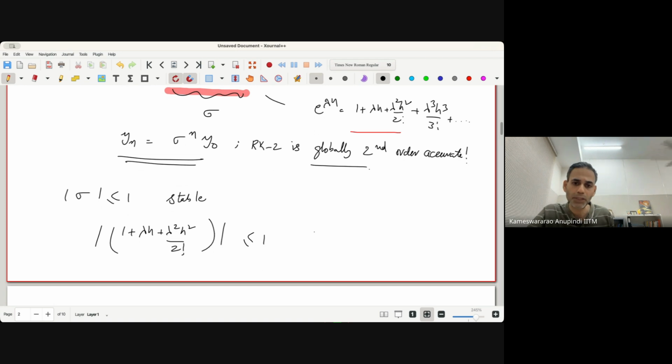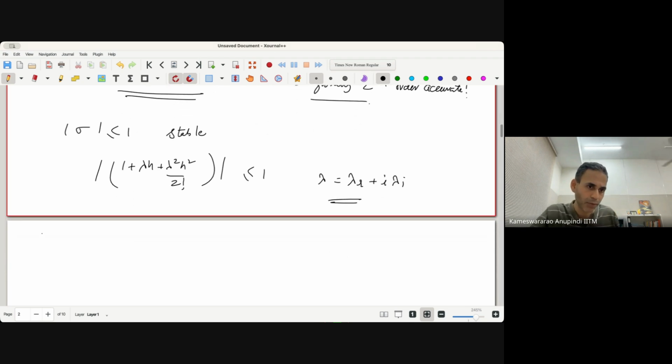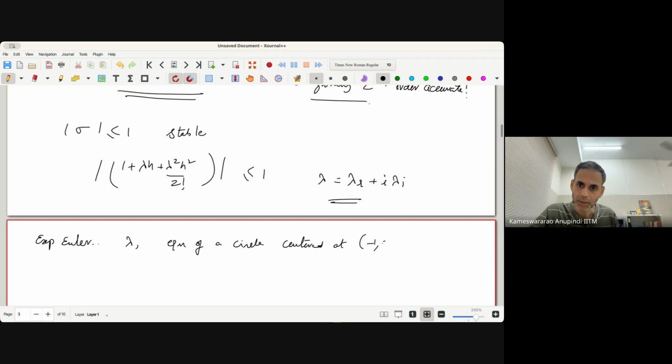Okay, but we know that in general lambda can be a complex number, right? That means lambda can be equal to lambda real plus I times lambda I. Unlike before, if you recall, in the case of explicit Euler, when we substituted for lambda, we got an equation of a circle that is centered at -1, 0 and has a radius equal to 1, right?